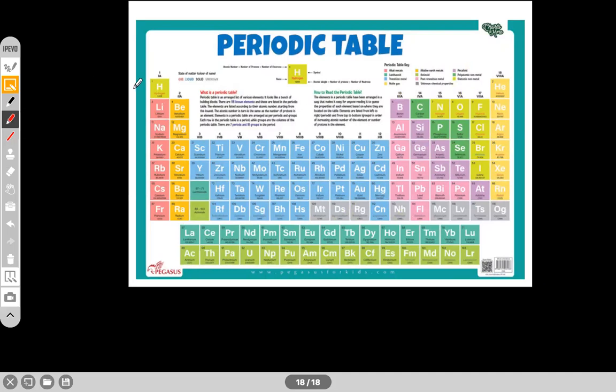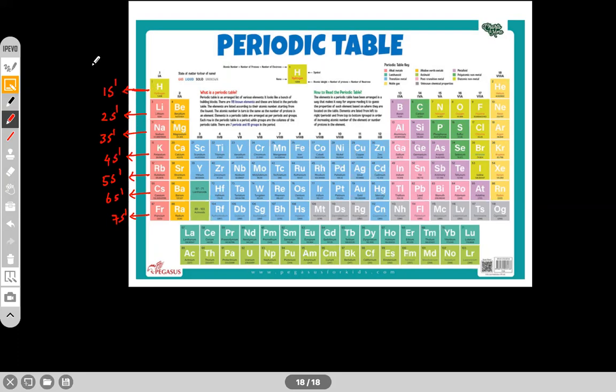For the first period, it is 1s1. It is the second period, so 2s1. Third period, 3s1. Fourth period, 4s1. 5s1. 6s1. And 7s1.